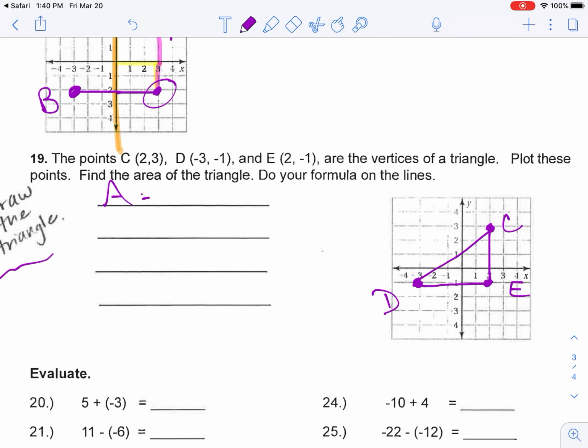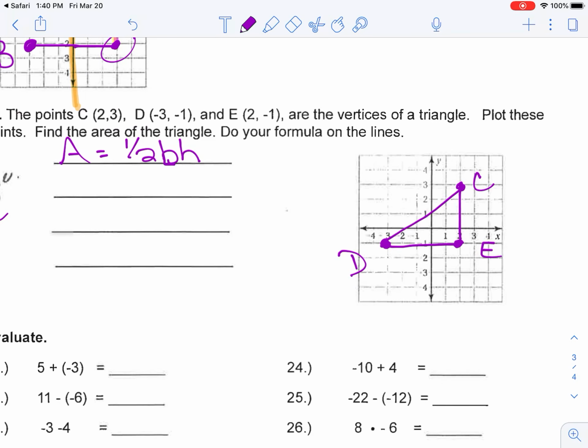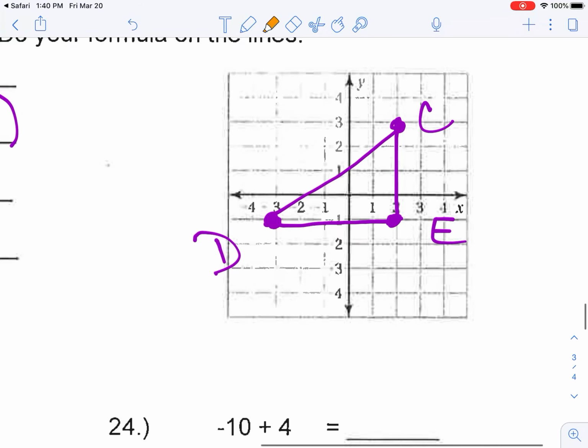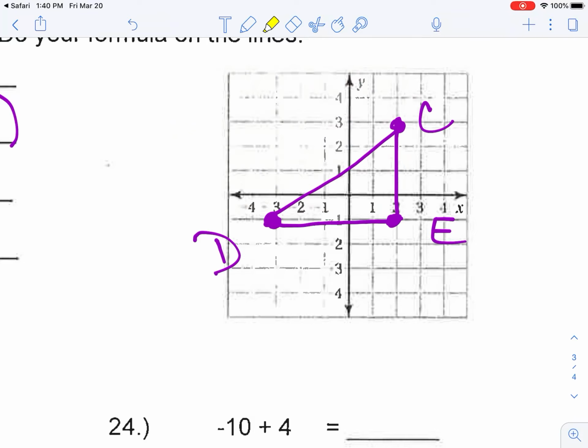We should know area is 1/2 base times height, or base times height divided in half. And we're going to substitute in this next line. Okay, let's look at the base of this triangle. It really doesn't matter which one you're using.